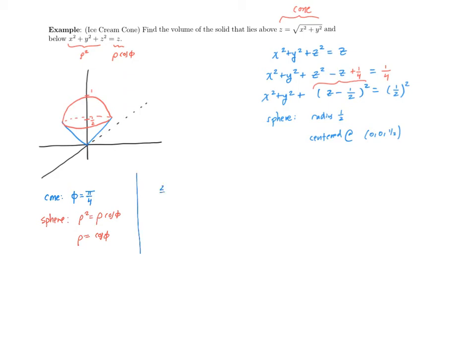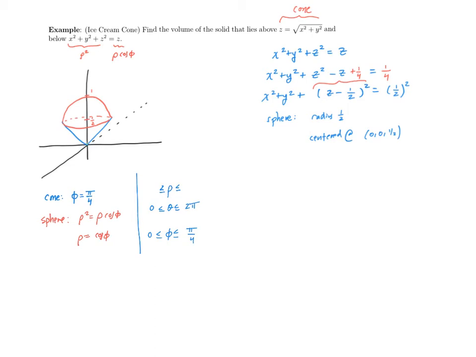And this shows us everything that we really need in terms of describing this. That is, how do the rho values vary? How do the theta values vary? And how do the phi values vary? Let's start with maybe the two easier ones. The phi values will vary from 0 to pi over 4. We go all the way around the z-axis, so our theta values vary from 0 to 2 pi. The part that's more subtle is to think about how the rho values vary.